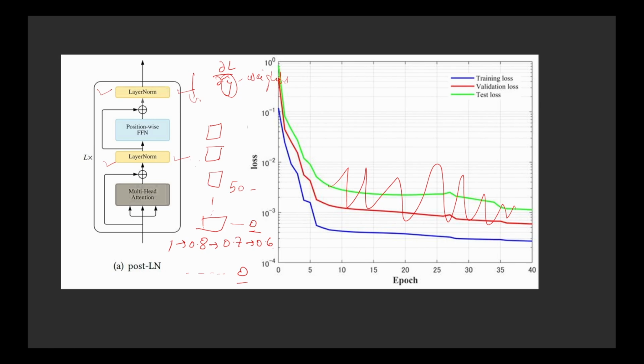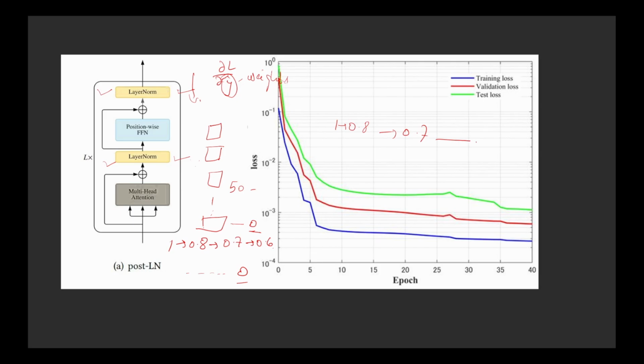This is the bad example, and that is why it is called unstable training. And this is the ideal scenario of training loss, where the loss decreases smoothly, like 1 to 0.8, then 0.7. It is decreasing smoothly. This is the stable training that we need.